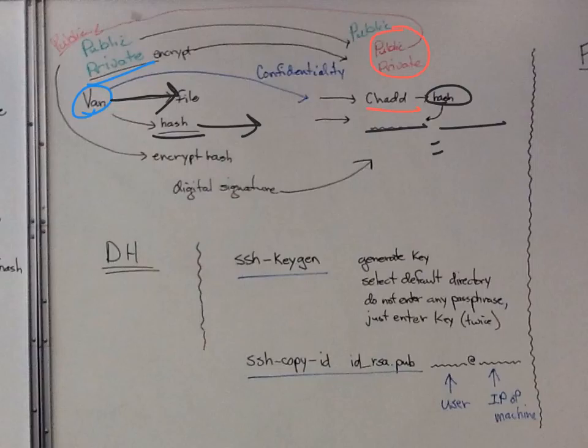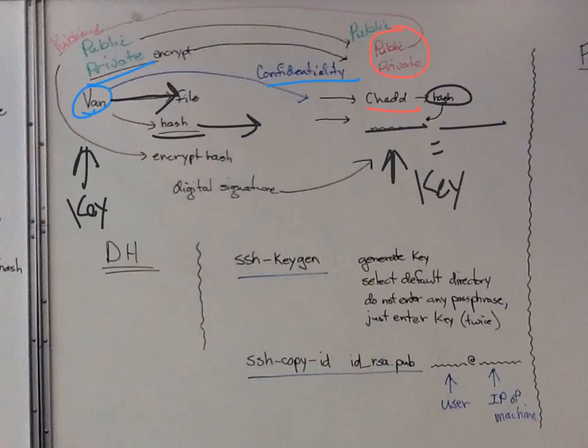Now, how do we know if somebody didn't look at the file while it's being transferred? Well, we can encrypt the file on this end, send the file, decrypt it on this end. And so when we do that, we could use a pre-shared key. Key here, and key here, pre-shared.